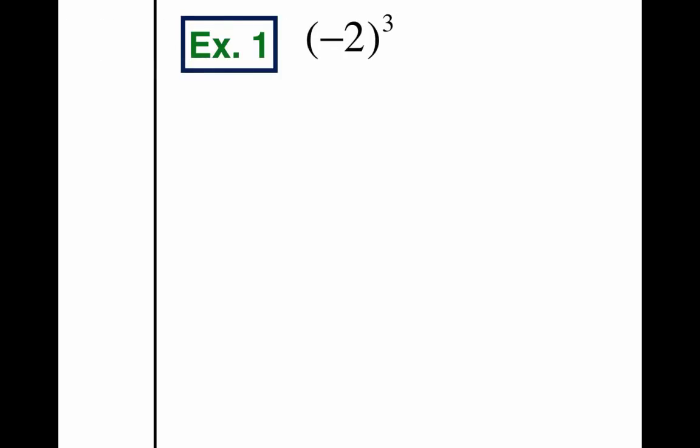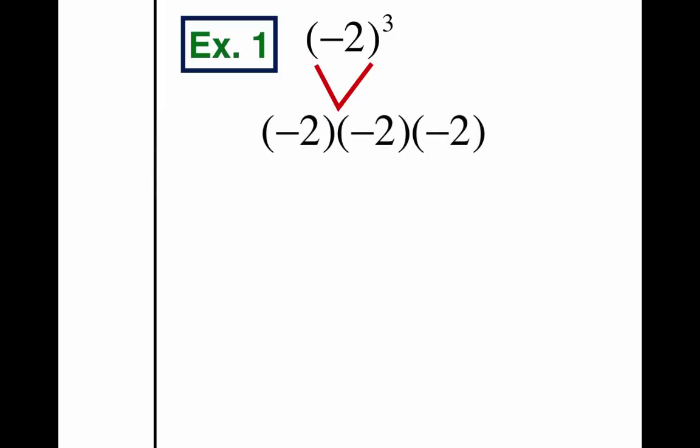Let's say you had this, parenthesis, negative 2, to the third power. Now that parenthesis is going to be very important because what it means is the whole entire negative 2 is to the third power, meaning that we have 3 of them, negative 2, negative 2, negative 2. So now we go in steps. We're going to do 2 times 2 is 4.